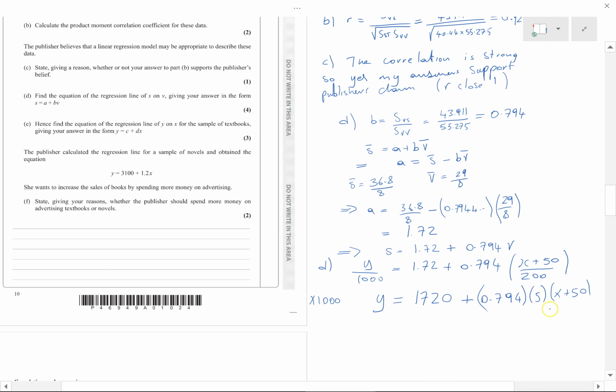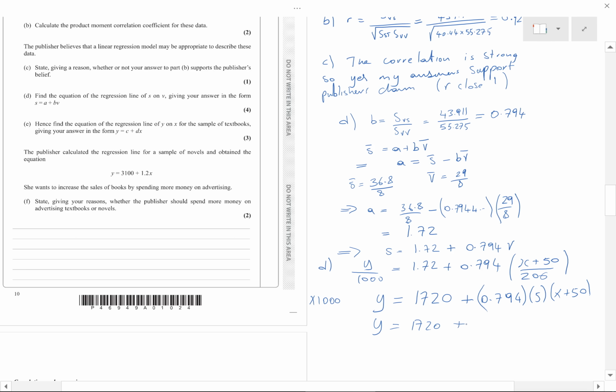Why times 5? Well, I decided I'd rather get rid of the fraction rather than do the 794, because I'm doing 1,000 divided by 200. It's not the only way, but I'm just trying to avoid doing too much with my calculator. So the next line is y equals 1720 plus 0.794 times 5 times x.